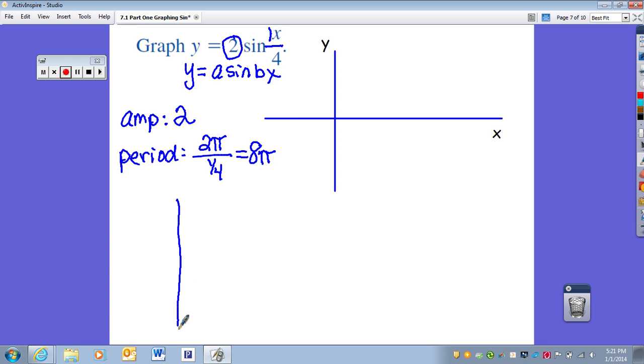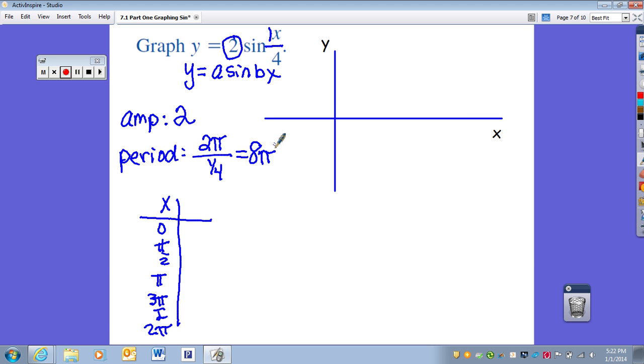Now we will make our table of our basic sine function. We have 0, pi over 2, pi, 3 pi over 2, and then 2 pi.